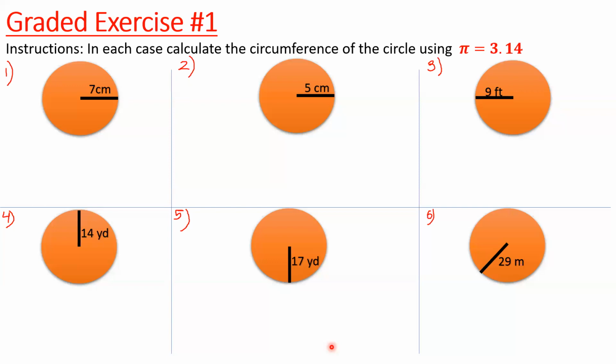Where's KVAT? Dwayne Slew, are you there? Yes, sir. What number are you on? Number 4. Okay.